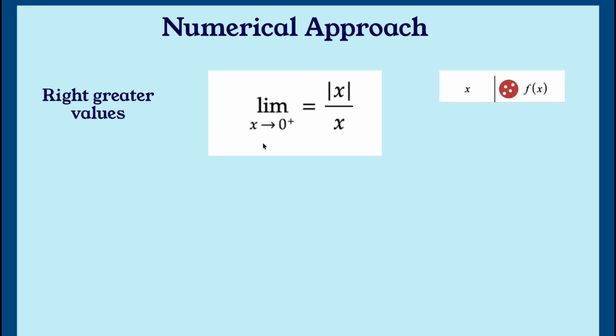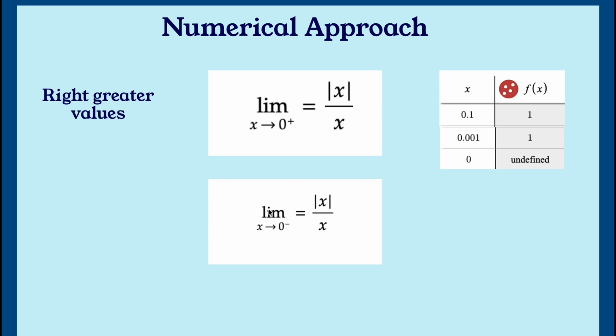So plugging some values in that are greater than 0, so 0.1. We know that the absolute value of 0.1 is 0.1, divided by 0.1 is just going to be 1. Then if we do 0.01, well, that's just going to be 0.01 divided by 0.01, and so that's going to be positive 1. Now, when we get to 0, we get an undefined value because there's 0 in the denominator.